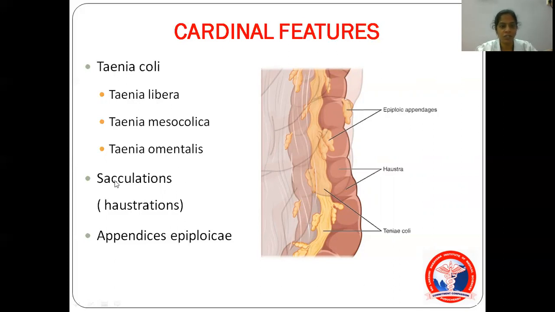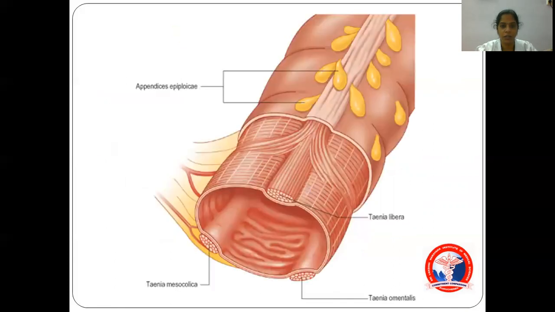Here you can see saculations or haustrations and appendices epiploicae. These are the three cardinal features of the large intestine. In this picture, you can clearly see the tinea, the appendices epiploicae, and the haustrations, saculations on either side.